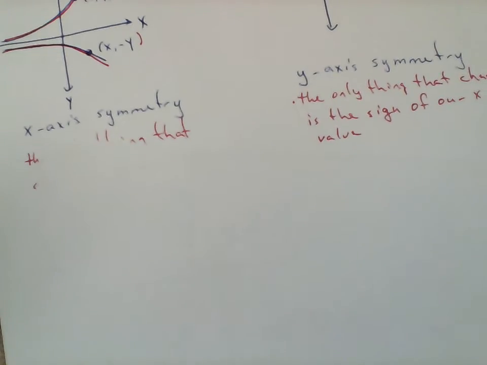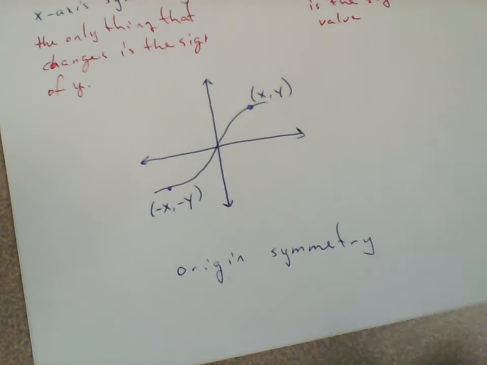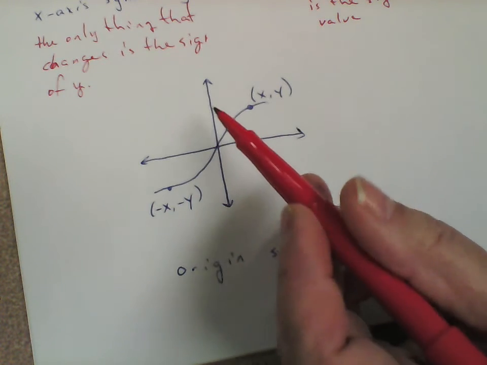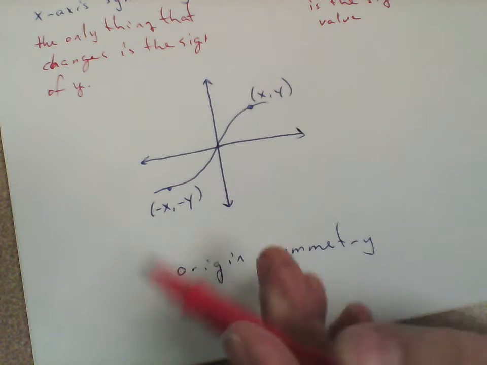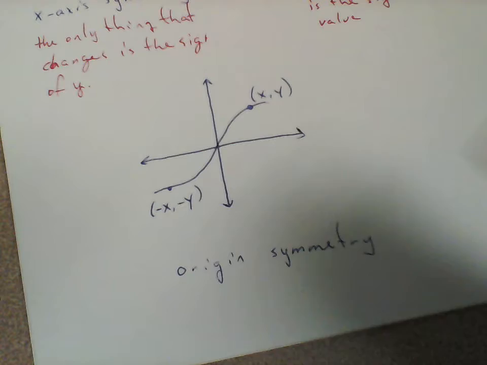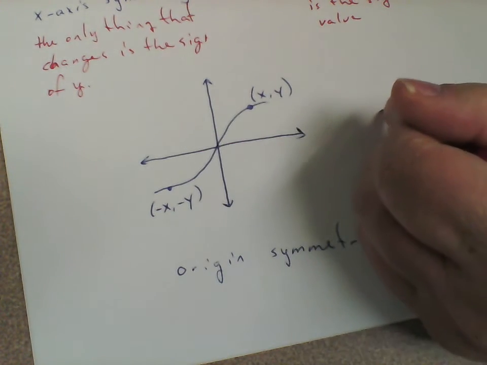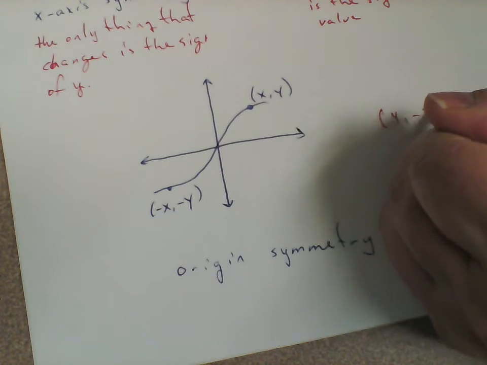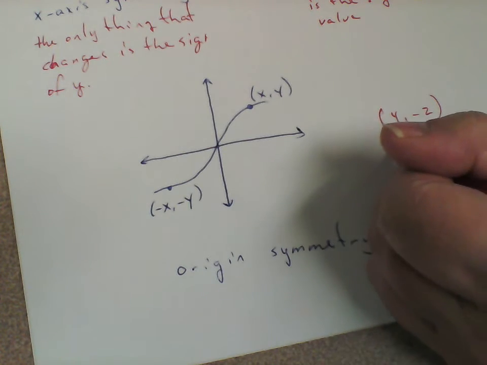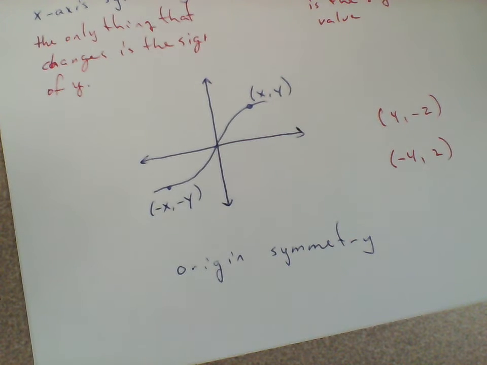Symmetry about the origin changes both signs, right? Origin symmetry, if I have an xy value, for every xy value I have the opposite sign, right? Think of that in terms of opposites. I could have a point that was, say, 4, -2, and for it to be symmetric, I would also have to have a point that is -4, +2.